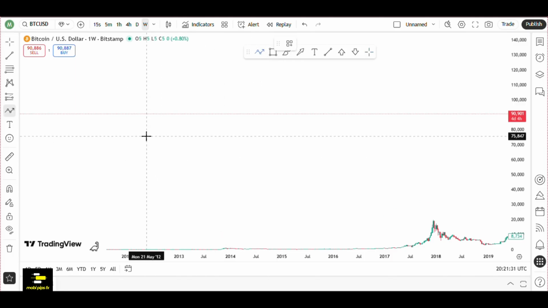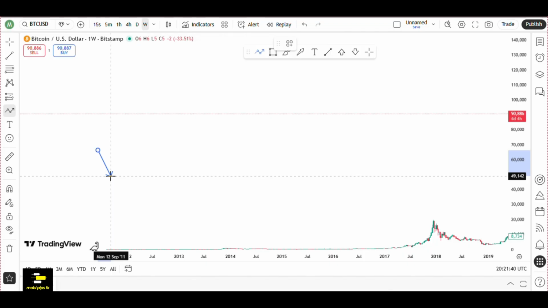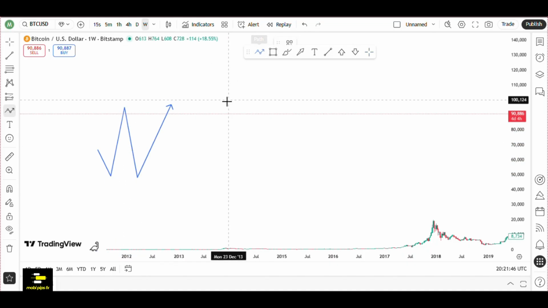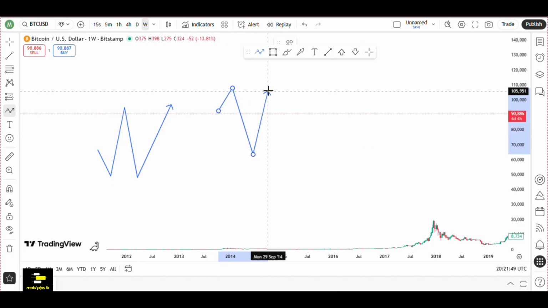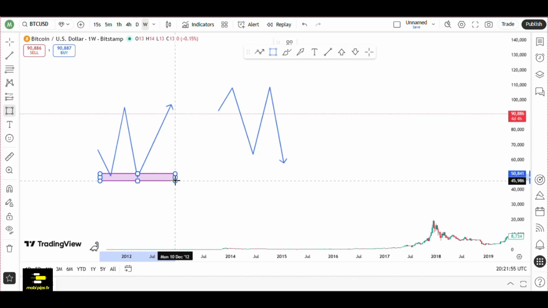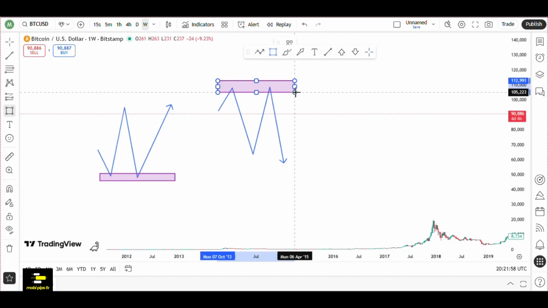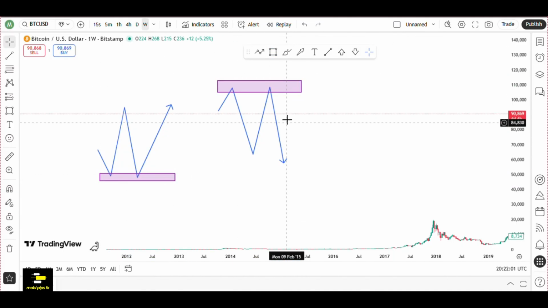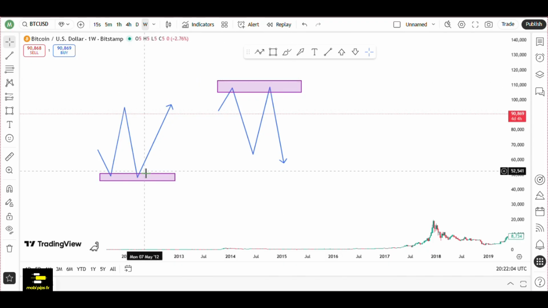We have established that basic market structure says this, then we buy, or this, then we sell, meaning this is our demand zone and supply zone. We said that is not what happens. Instead, we get something called a sweep of liquidity.